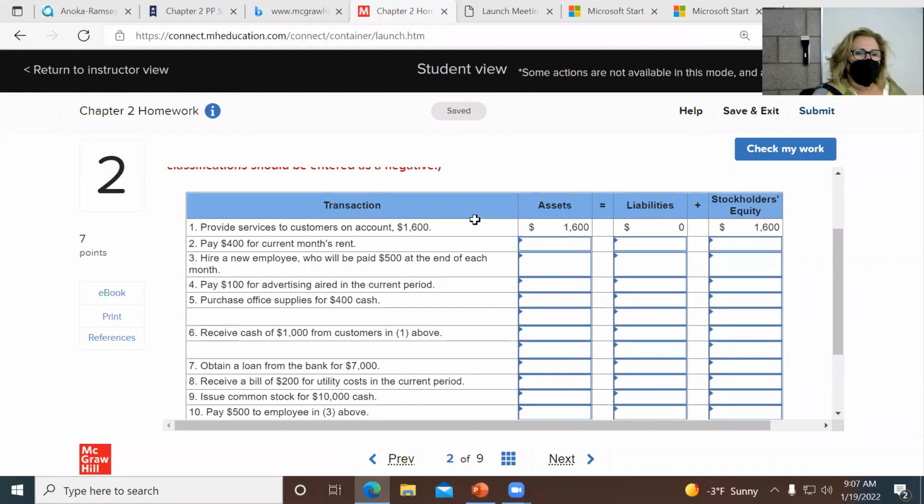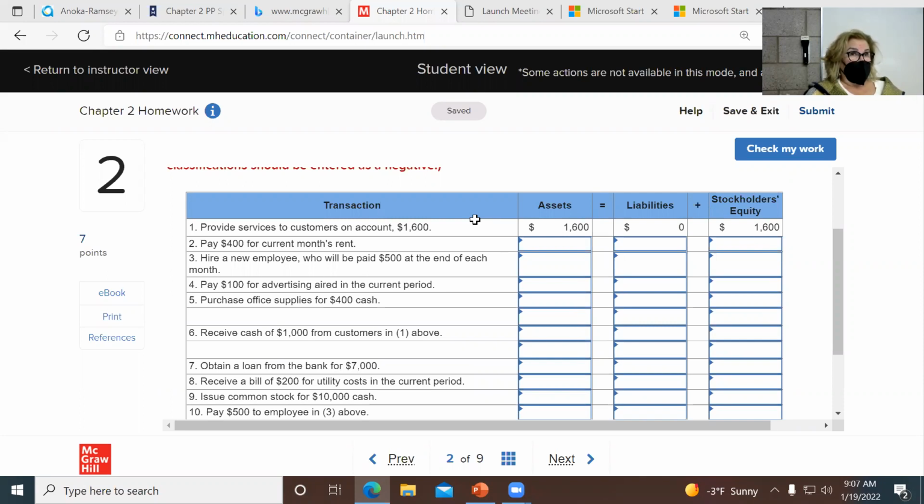So the first one here says provide services to customers on account for $1,600. When we provide services to customers on account, what does that mean, guys? Let's just pick it apart. We did a job, we didn't get the cash, but they owe us the cash.